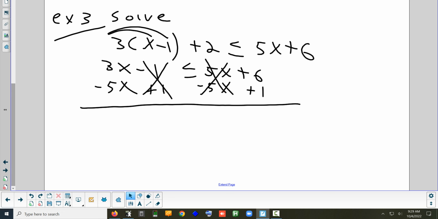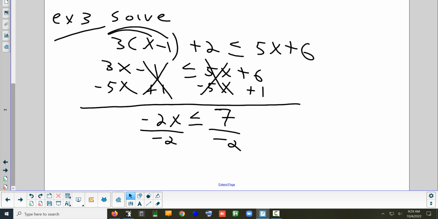And Kelly, what does that give me now on the left side? And how about on the right? 7? Okay. So now we're down to our last step. How am I going to get x by itself and get rid of that negative 2? Divide by negative 2. Yep.